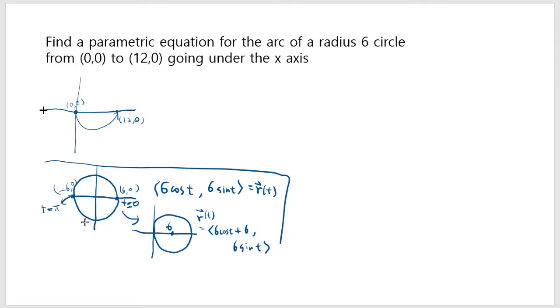So you do have (0, 0) when t is pi, and then when t is after pi, for example, right here would be when t is equal to 3 pi over 2, and then it arrives at here. So it really starts here and then finishes here, right? So it's really this part that we want.